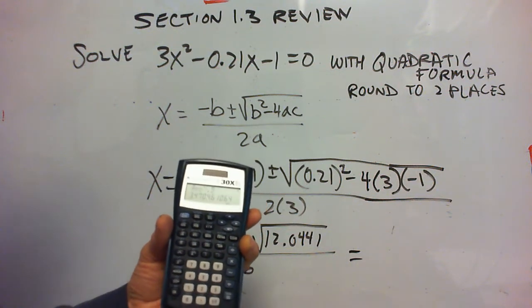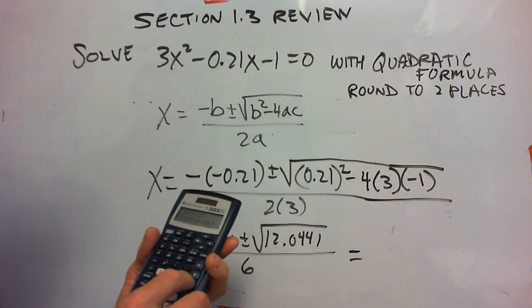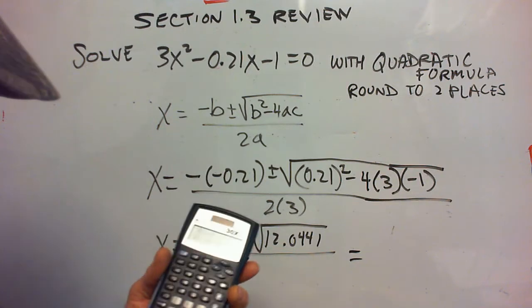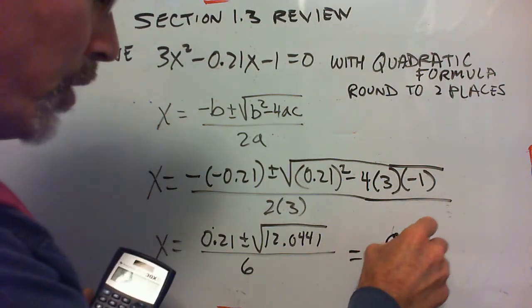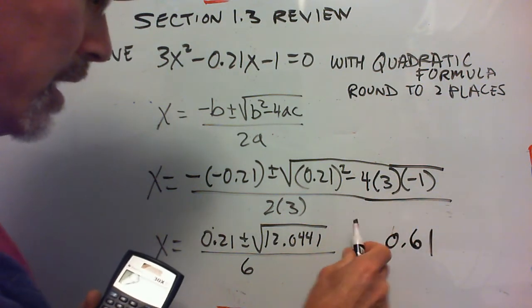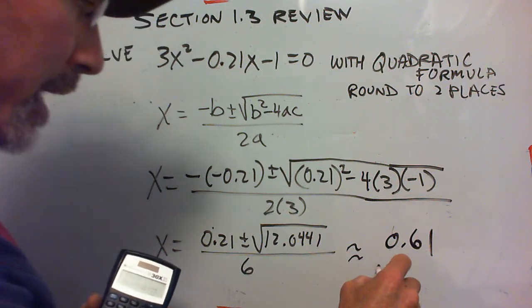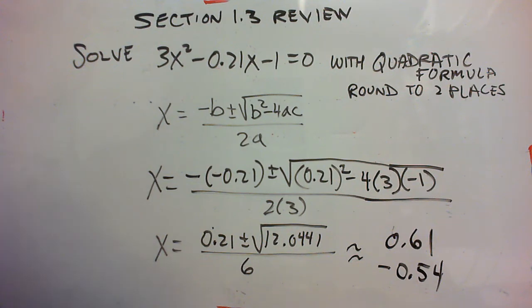So that evaluates our radical. And then add 0.21, divide by 6 equals, and I get 0.6134. So it rounds to 0.61. And then the other answer, in a like manner, is negative 0.54. But remember that trick. Square root of something is the same as the 1/2 or the 0.5 power of that thing.